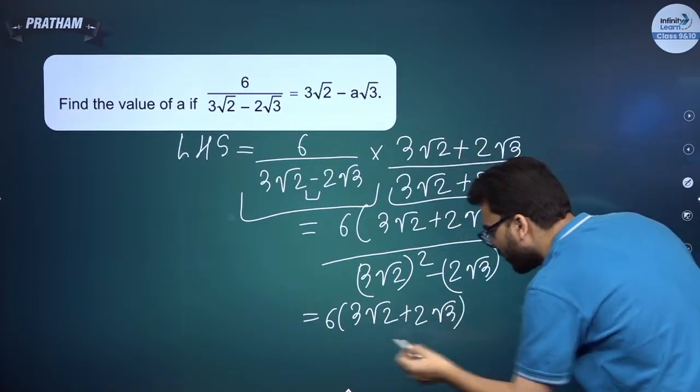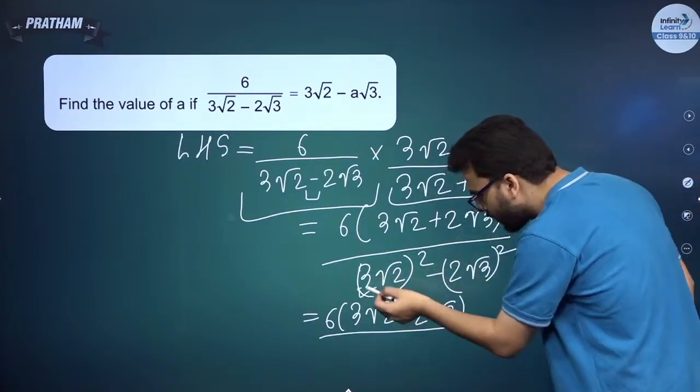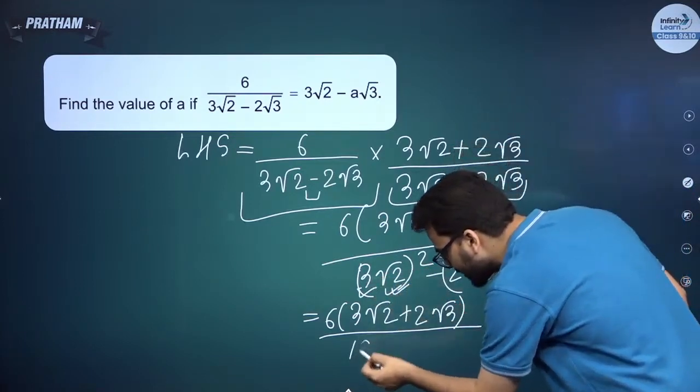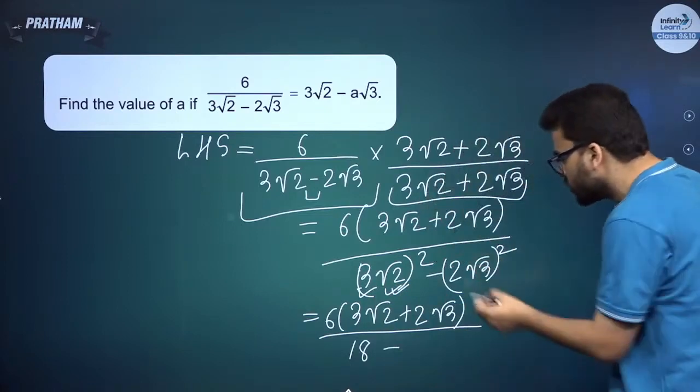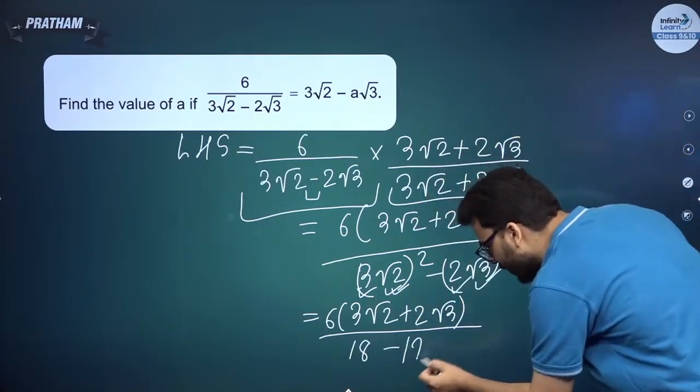In the denominator, 3 3s are 9, root 2 square is 2, so 9 2s are 18. And 2 2s are 4, root 3 square is 3, so 4 3s are 12.